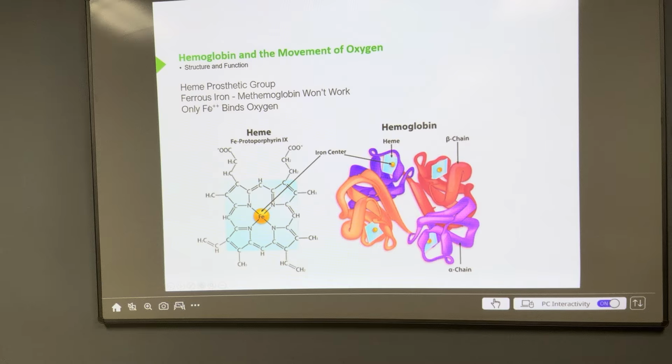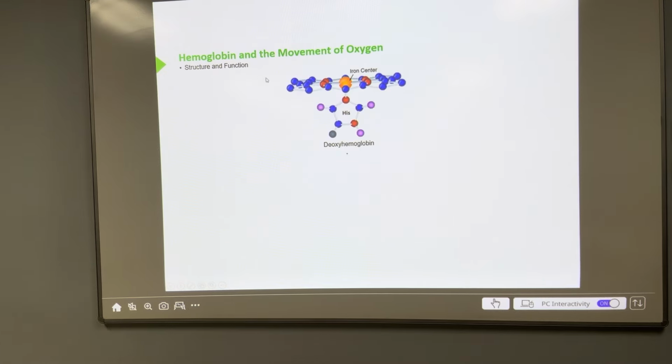So if you are in the ferric iron, the methemoglobin is not going to work. Only Fe 2 pluses is going to bind oxygen. Ferrous is 2 pluses. You see, this is the structure of hemoglobin.